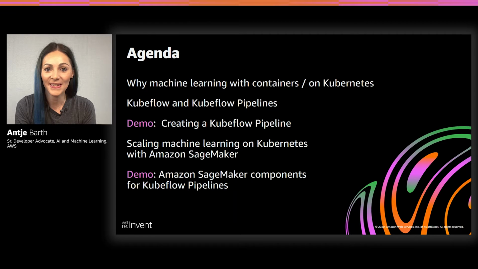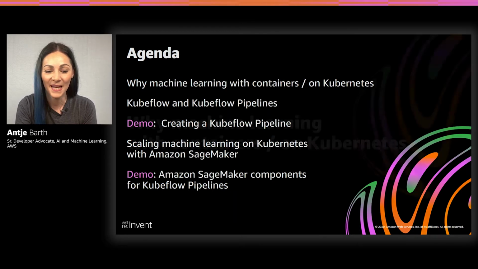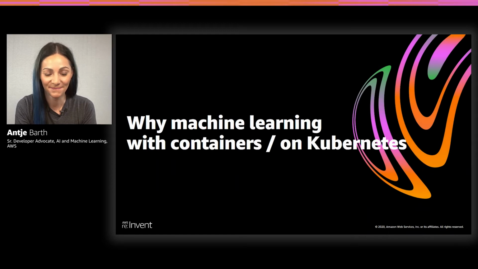And we're going to see a demo of how to build your first pipeline. And in the second part, I'm also showing how you can scale your machine learning on Kubernetes with Amazon SageMaker. And we'll see another demo of how you can build a more advanced pipeline integrating also into Amazon SageMaker. All right, so let's get started.